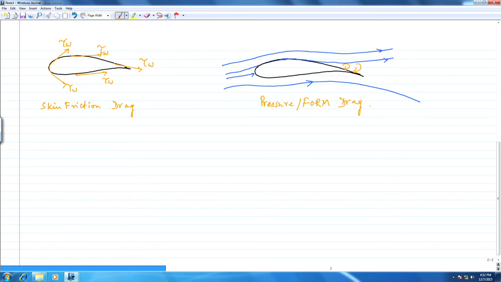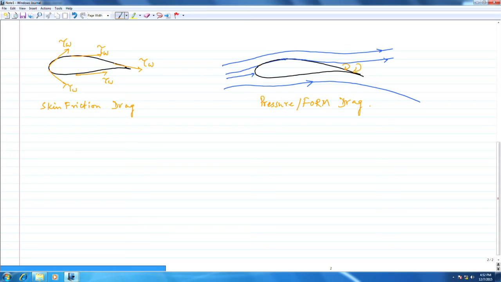Now, our job is that we would like to quantify, given the size and shape of some body, how much shear stress and how much pressure or form drag a body is going to cause, right.